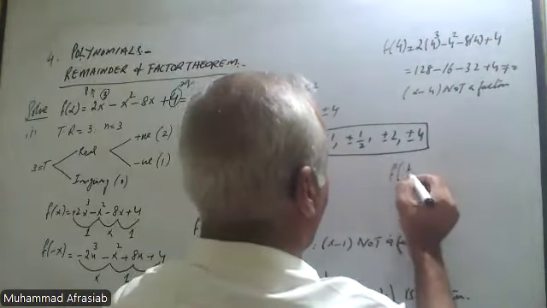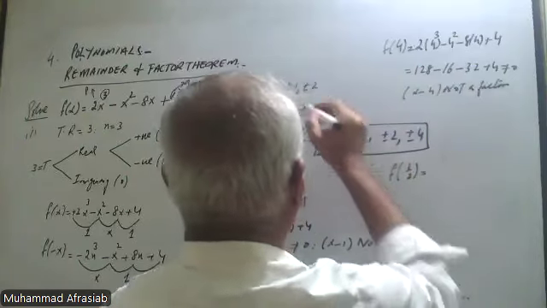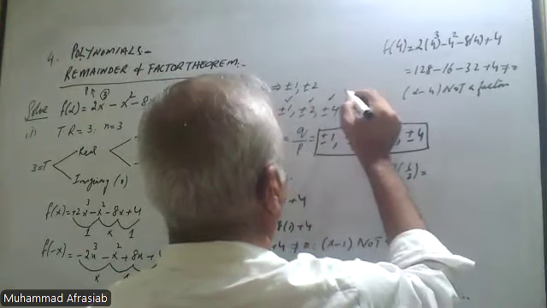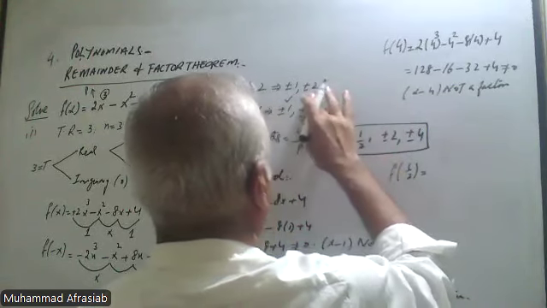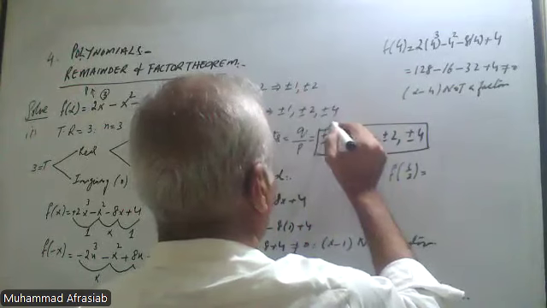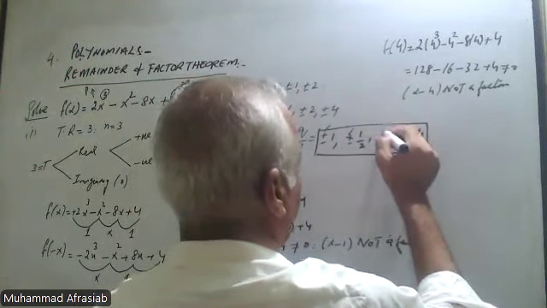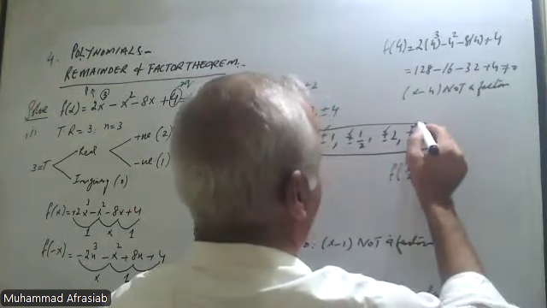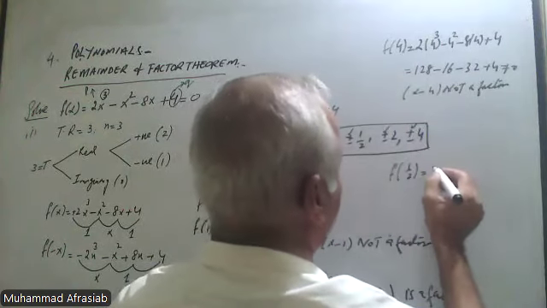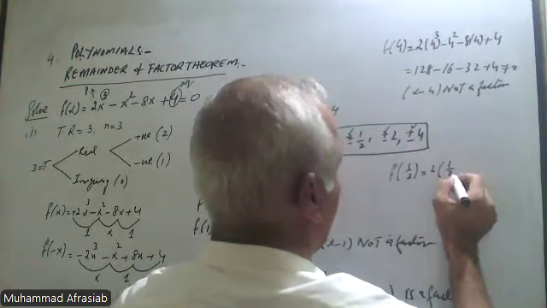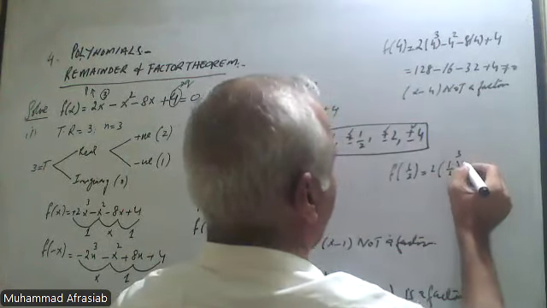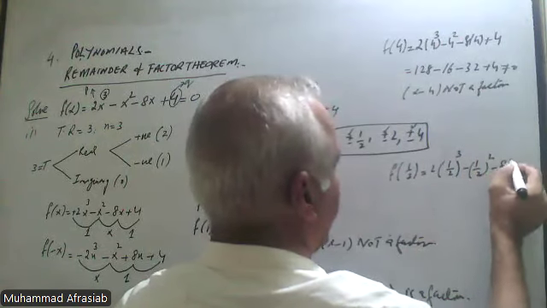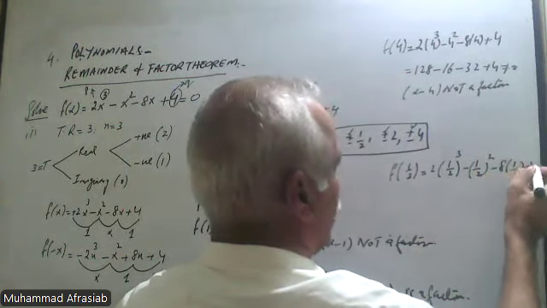So f of half there. We have tried 1, 2, 4, plus 1, plus 2, plus, and this half there. So it should be equal to 2 into (1 over 2) cube minus (1 over 2) square minus 8 into half plus 4.